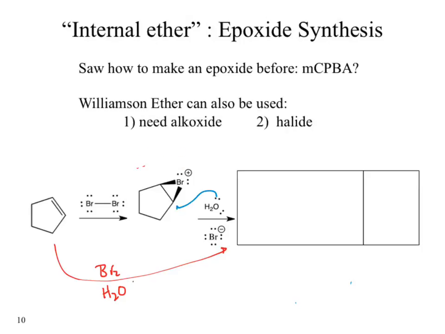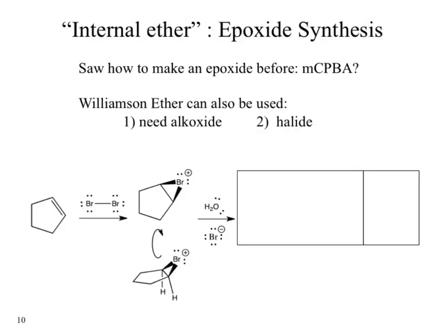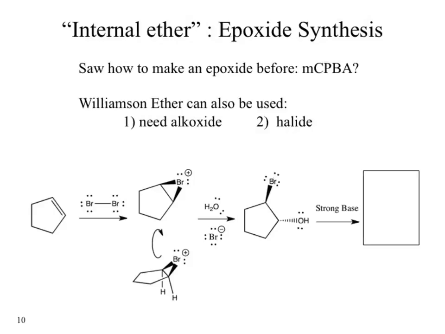Water will act as our preferential nucleophile instead of the bromide, and we would end up with the trans addition of our bromine and our OH. We need the alkoxide, which means we need a negatively charged oxygen. How can I get that negatively charged oxygen? I need to add a strong base, and that'll get me to my final product.